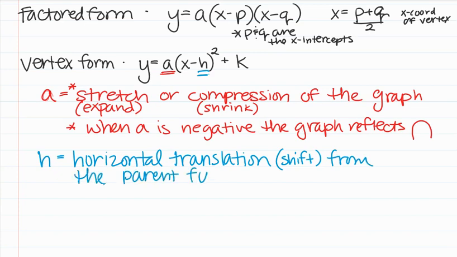Now, something to remember, and this happened with the exponential functions, and you have to be very careful, it's x minus h. So if you have x minus 2, the shift is actually positive 2. If you have x plus 5, the shift is actually negative 5. So be very, very careful.